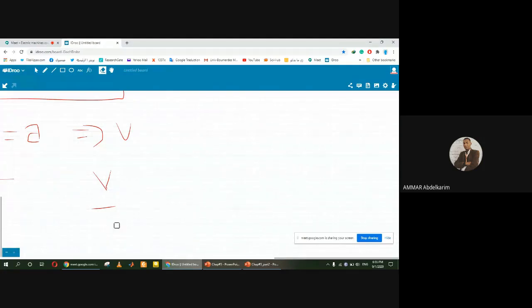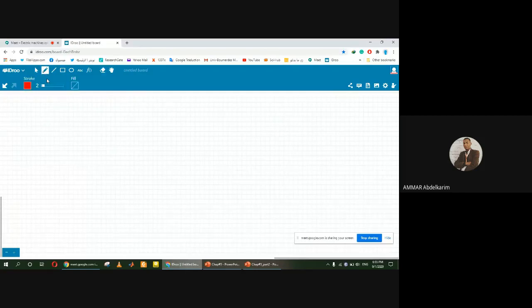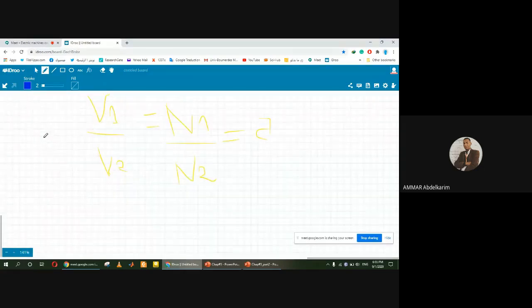This is the main objective of why we study the ideal transformer, to explain the meaning of the turns ratio. So we said that V1 over V2 equals N1 over N2 equals A. And we said that if N1 more than N2, the transformer is step up.